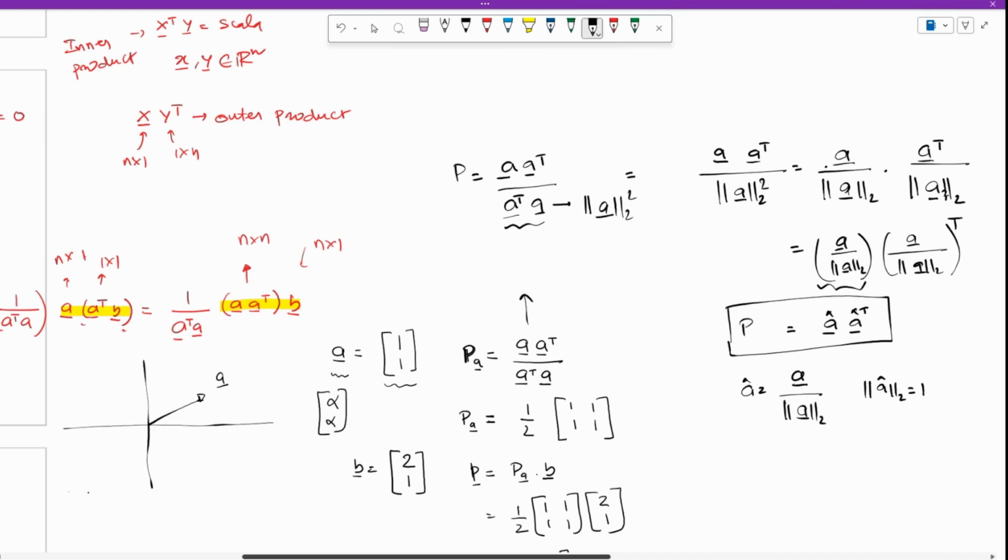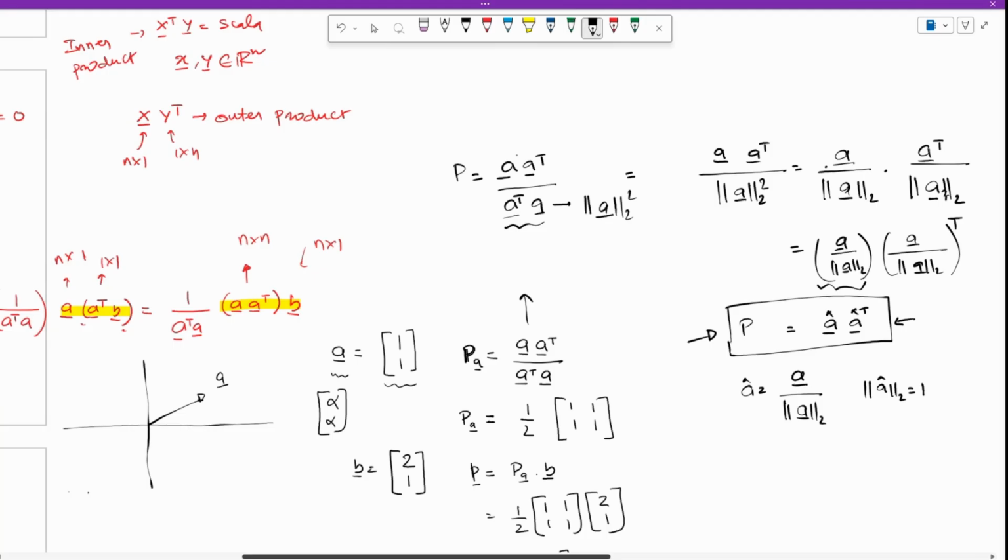So the projection matrix is simply this: if you want to project onto a one-dimensional subspace, take a vector from that subspace which has Euclidean length 1, and simply take the outer product of that normalized vector, and you get the projection matrix.